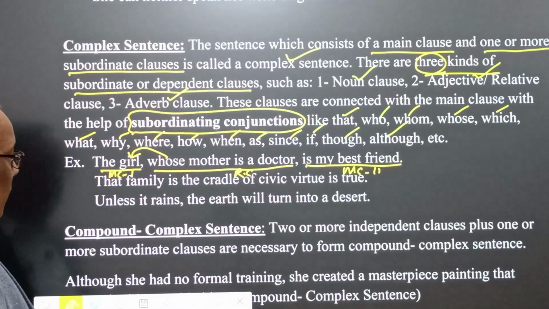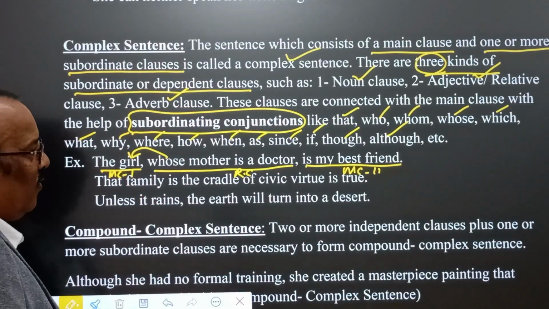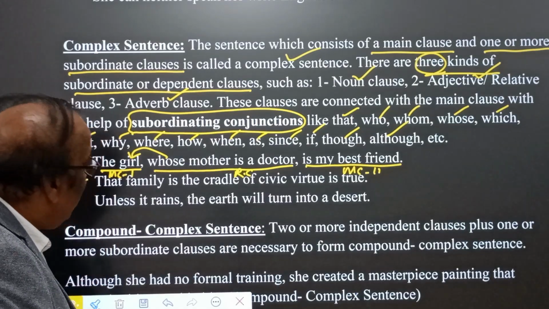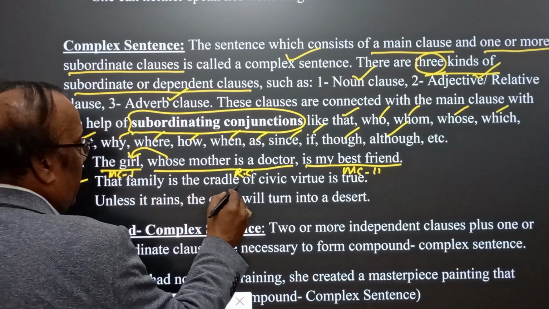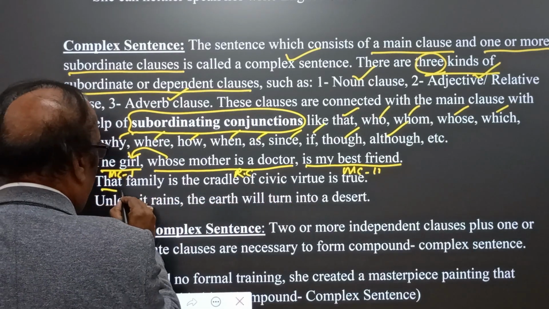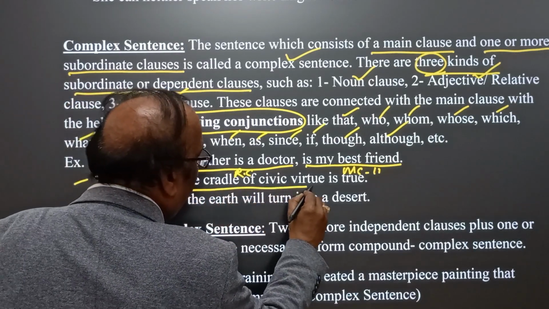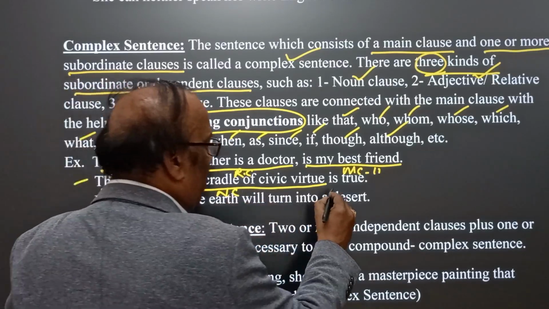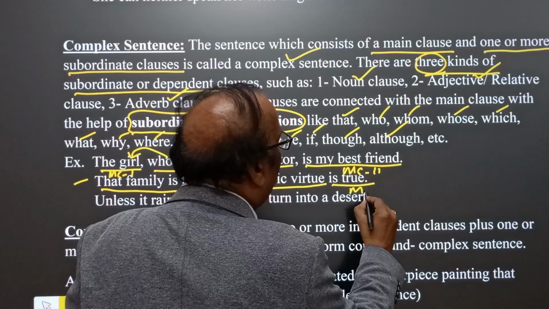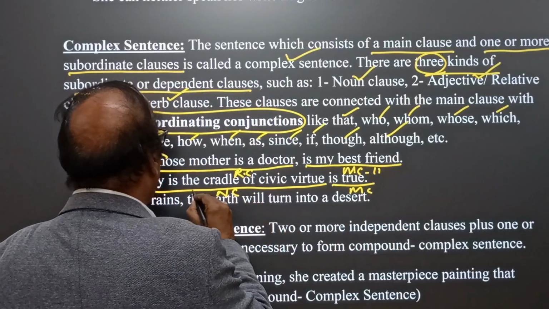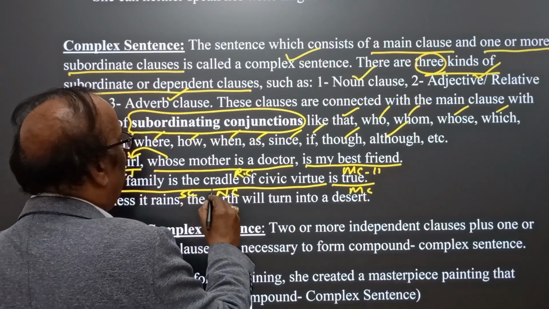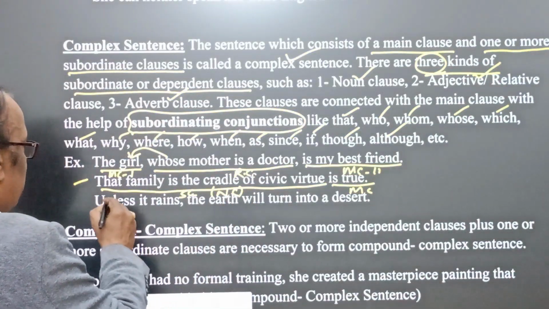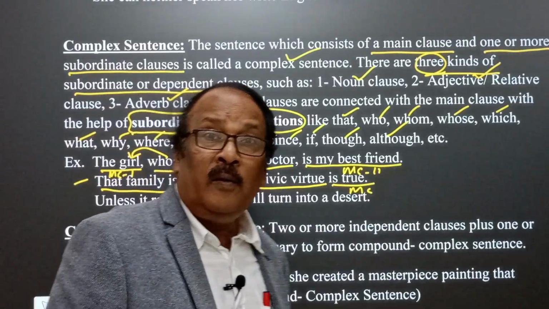Now come to this: that family is the cradle of civic virtue is true. In that family is the cradle of civic virtue, we find a noun clause, and is true is the main clause. Here we find a subordinate clause, and this subordinate clause is a noun clause because it begins with that.